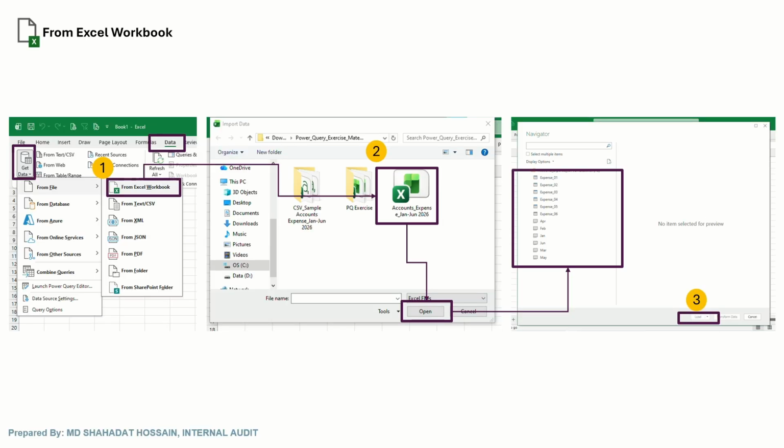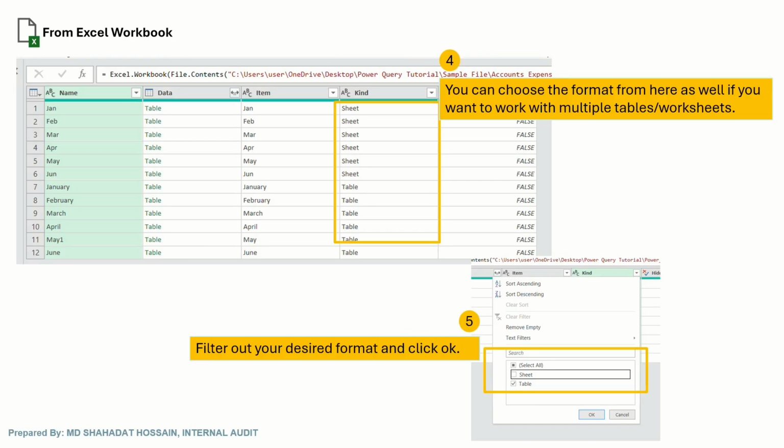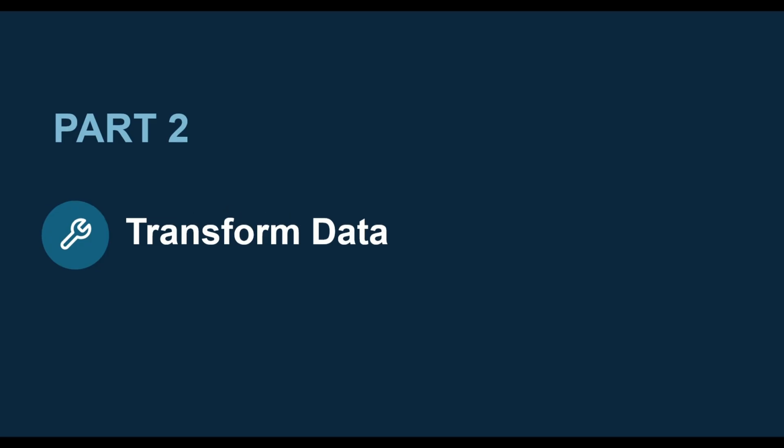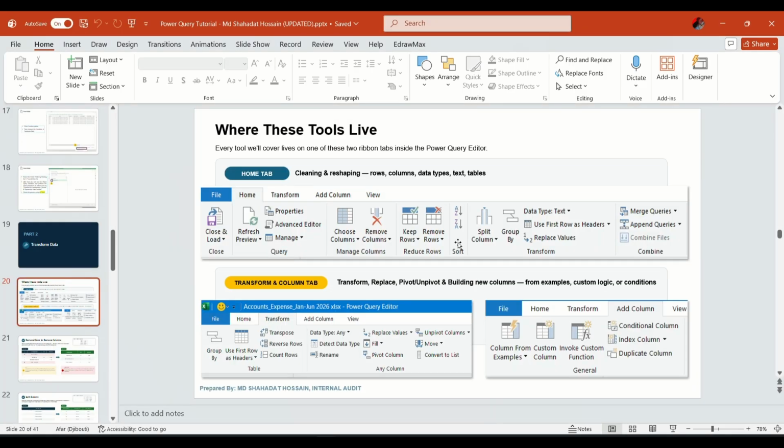Mainly I'll discuss 2 methods. One from Excel workbook, and as you can see, there is a step-by-step process from where you can collect this kind of data from Excel, and I will show you everything by doing this one by one in Excel, not in these PowerPoint slides only.